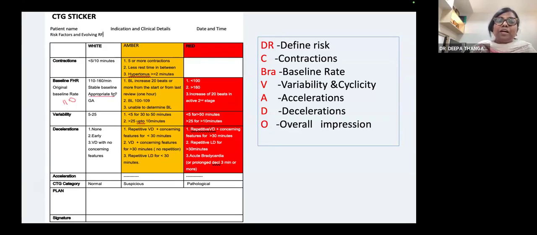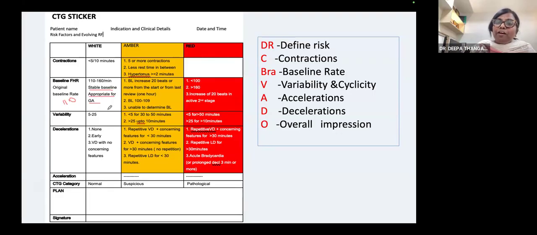Also, the baseline heart rate has to be appropriate for gestational age. So stable baseline and appropriate for gestational age, these are the two things to be mentioned. Stable baseline means whenever the baby has an acceleration or deceleration, it comes back to the baseline. Why appropriate for gestational age?